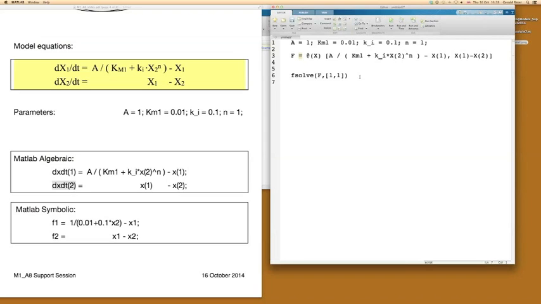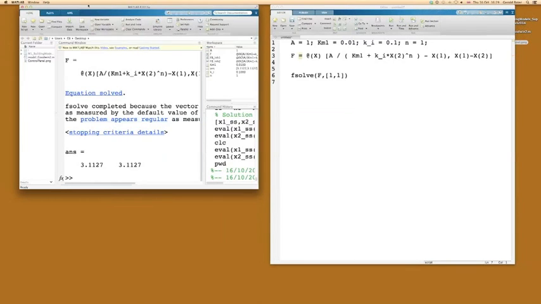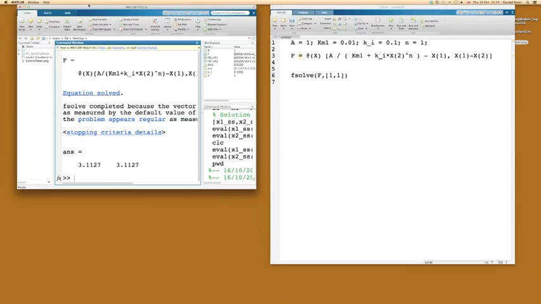Sometimes it's not easy to have a good guess, but of course you can try to combine it with simulations if you don't know where exactly to look. In this case it's not critical. We use this set of initial conditions 1, 1, and if I execute this, I should have a solution which we can look at in our control window.